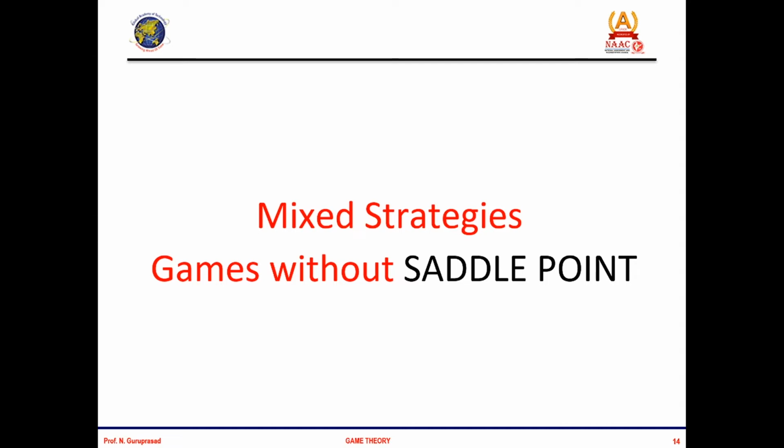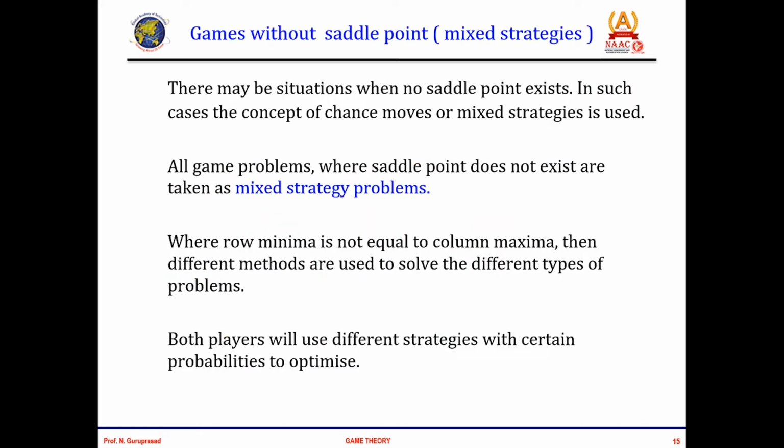So, basically, mixed strategy is nothing but a game without saddle point. I repeat, a game without saddle point. Now, there may be situations when no saddle point exists. In such a case, the concept of chance moves or mixed strategies is used. So all game problems where a saddle point does not exist are considered mixed strategy problems.